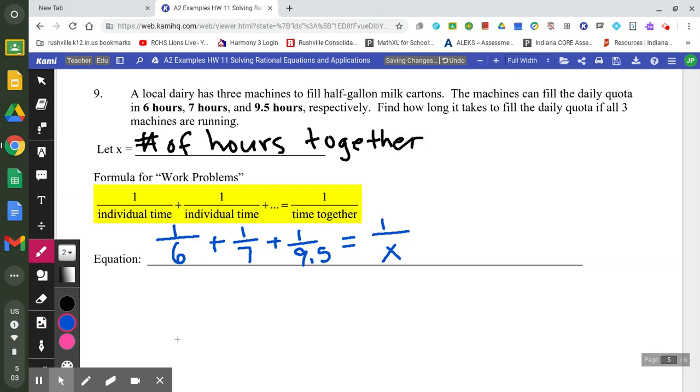So now we need to find our least common denominator. And especially since we have a decimal here, it's easiest just to multiply all those together. So we're going to multiply 6 times 7 times 9.5. And so my least common denominator is going to be 399x.